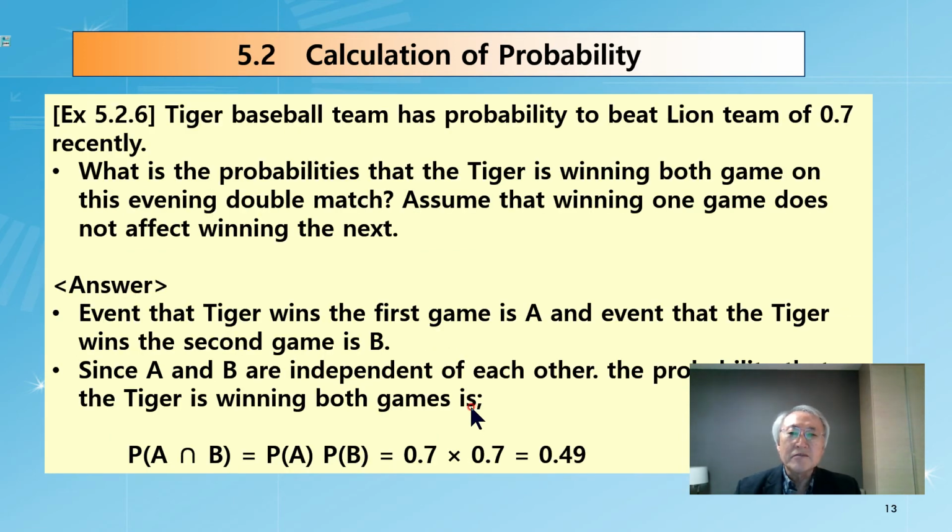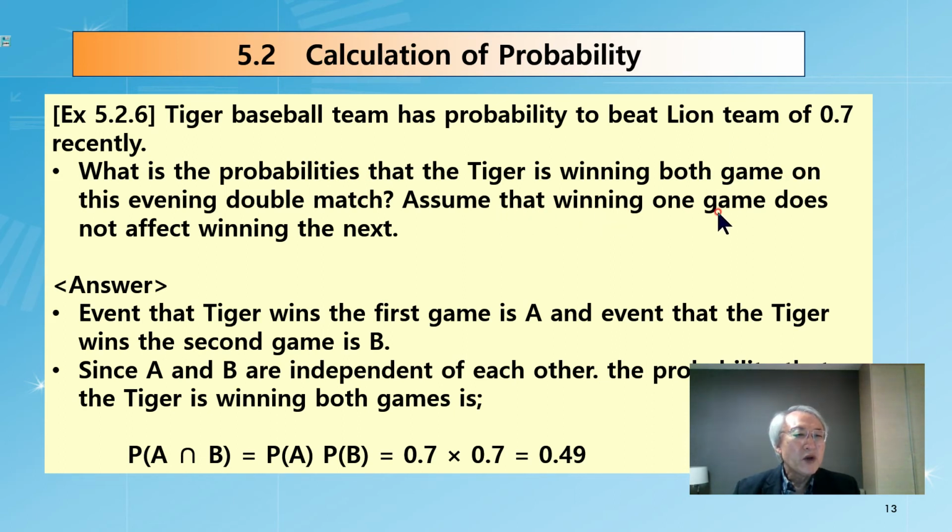Let's consider an example. The Tiger team has a 0.7 probability to beat Lion. As a recent statistic, we are going to have 2 games. Well, in a double match, what is the probability that Tiger wins both games?